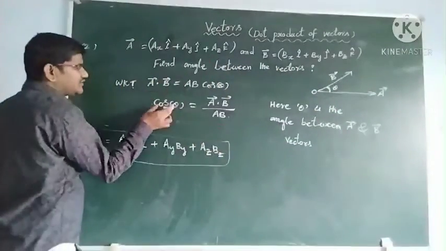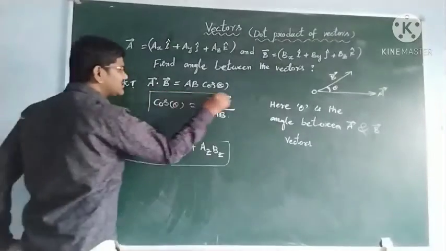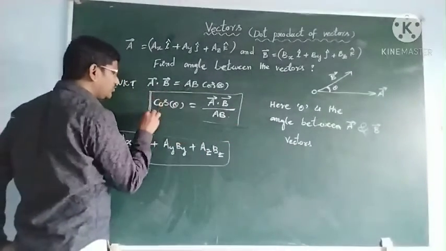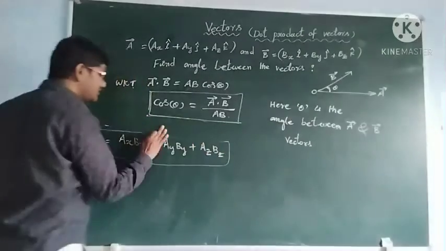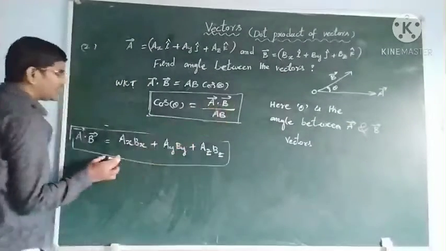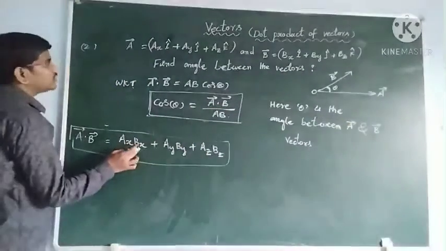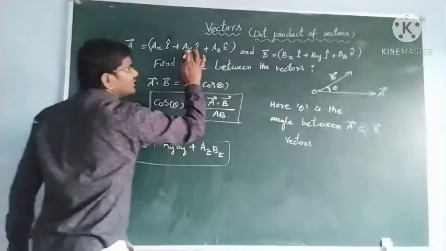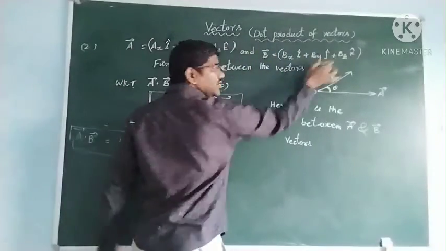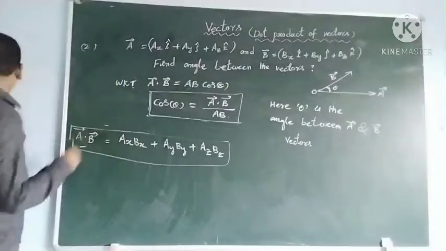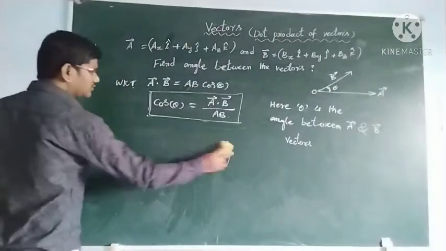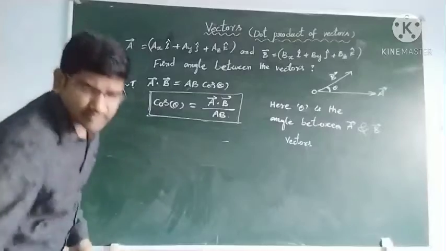From the definition of dot product, cos theta is equal to a bar dot b bar by a into b. But see, students, we know that a bar dot b bar is equal to ax into bx plus ay into by plus az into bz. That is already derived. So write that value.